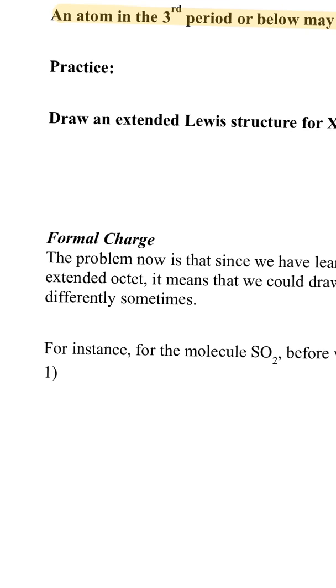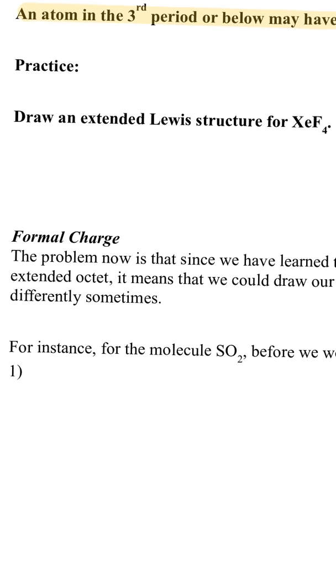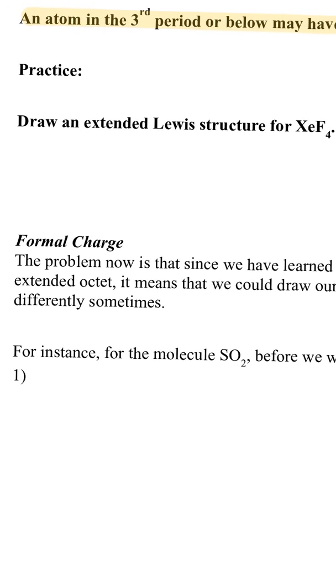So now what I want you to do is an extended octet for XeF4. You can hit pause here and draw it out. See if you can get it. It's an extended octet, so think about what that means. Clearly, we're going to have more than 4 pairs of electrons around xenon, the center atom.